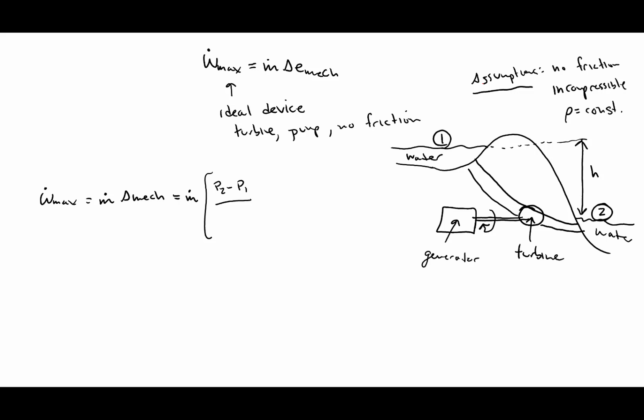So we need to specify that we have incompressible flow so we know that this equation applies. So this is (P2 minus P1) over rho plus (V2 squared minus V1 squared) over 2 plus g(Z2 minus Z1).